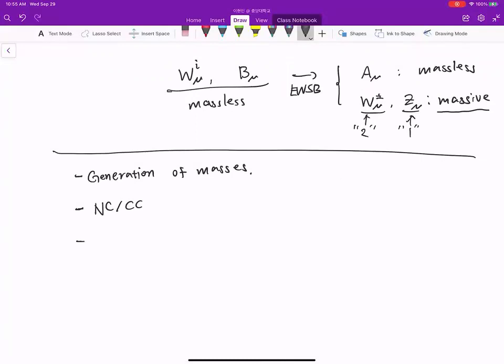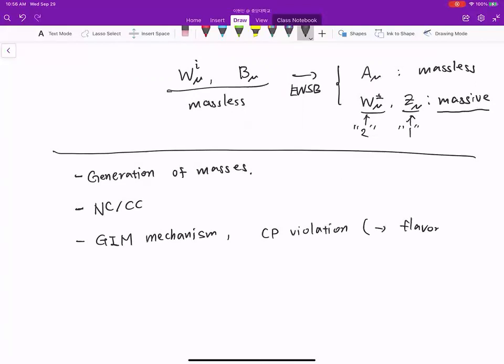And the next goal is to discuss the GIM mechanism and CP violation. We call this flavor.